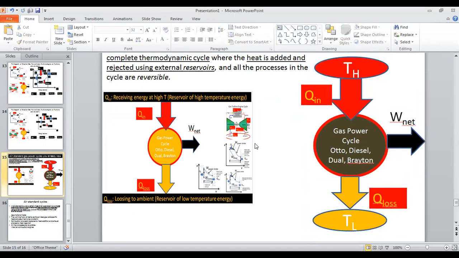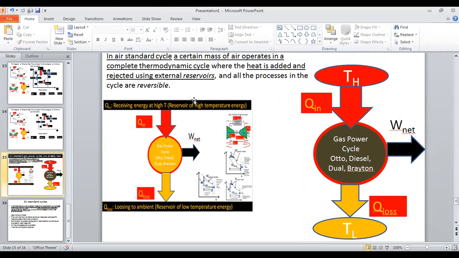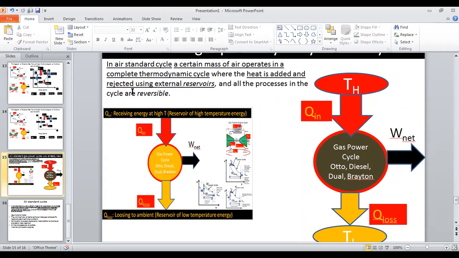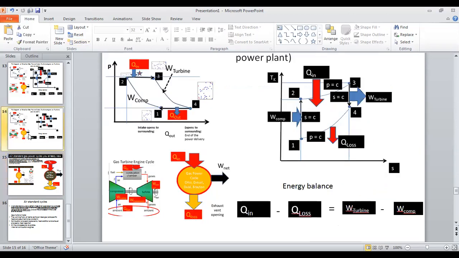Okay with that? Good. So the heat is added and rejected using external reservoirs, and all the processes in the cycle are reversible. Of course, in the previous ones, I forgot to mention this: P equals C. It's a reversible process that is considered.